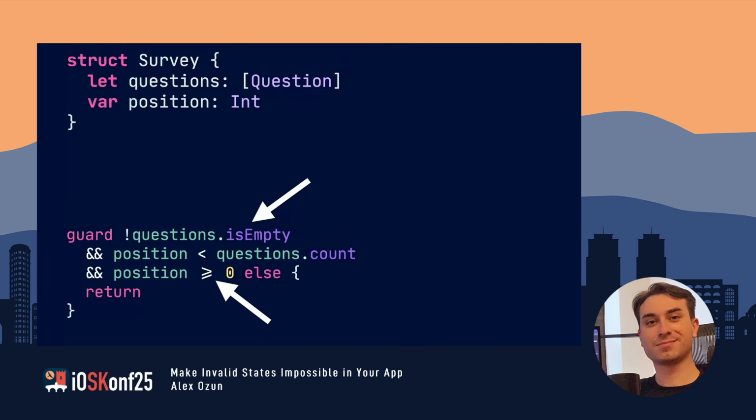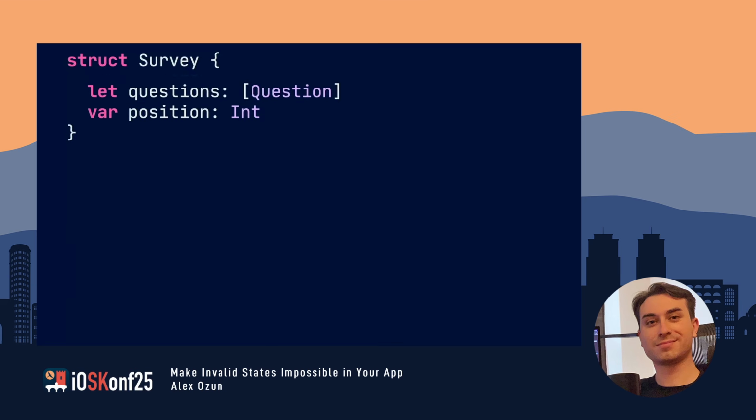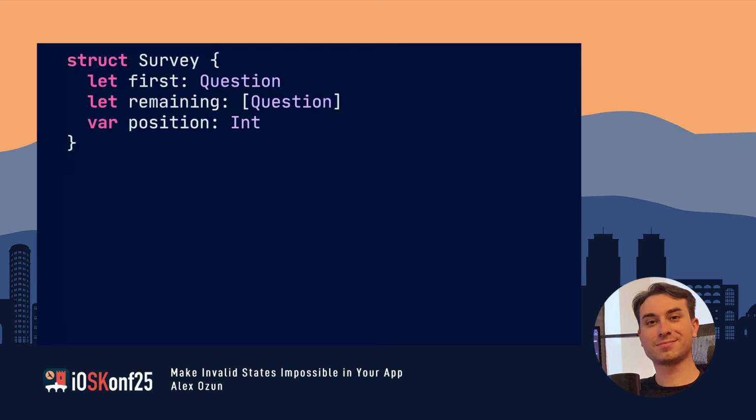How can we represent these checks in the structure of a data type itself? The first one, empty, is easy. All we need to do is add the first question, and this first question is an invariant, or guarantee, that there will always be a first question no matter what, which means there will be a non-empty list of surveys.